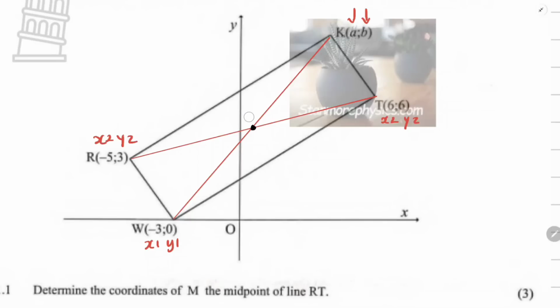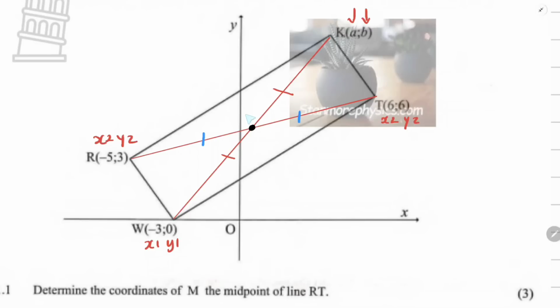Okay, so what does that mean? For the diagonals to bisect each other, it means that this diagonal runs through and cuts this one into 2 equal parts. And then this diagonal runs through as well and also cuts this diagonal into 2 equal parts. So this line cuts this line into 2 equal parts, and we see that.